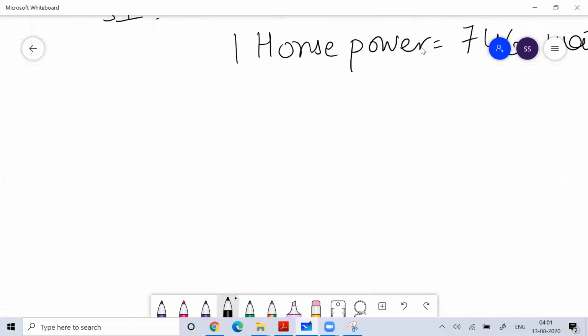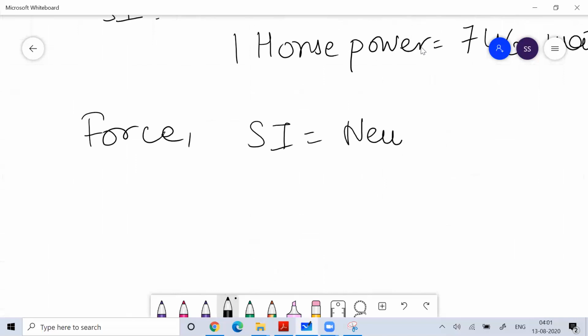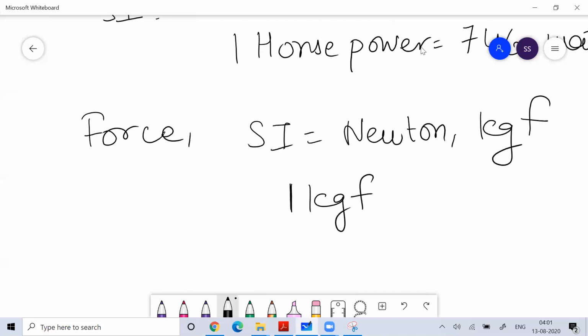So these are the other units of force you can use whenever you talk about force. The force is a vector quantity. For the SI unit, many people use Newton, and you can also use kgf. Here when I say 1 kgf, it is basically g Newton, where g stands for acceleration due to gravity.